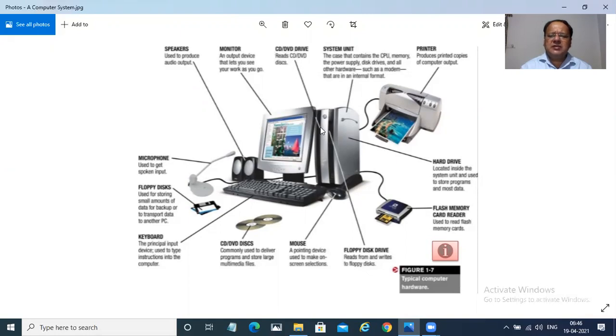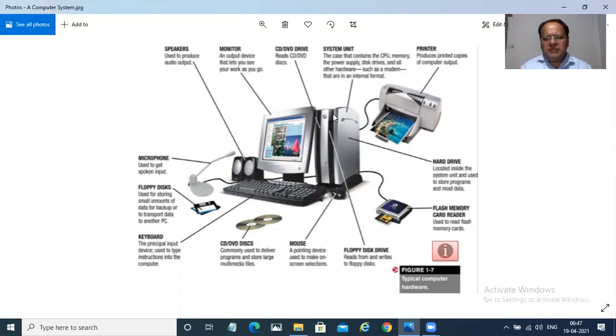This is a standing CPU. It may also be a different type of CPU. You have different types of CPUs, which you get in different models and shapes. This one over here has the CD drive in this position. Then this entire thing is what we generally call the CPU. We just identified it, but it is actually the system unit.